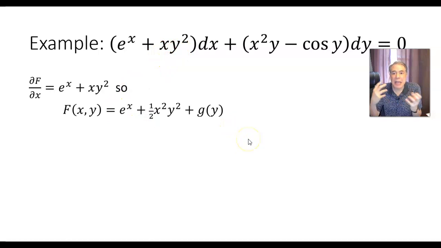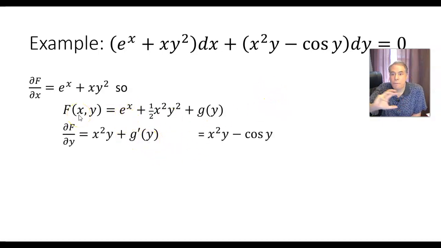So anti-differentiating with respect to x, treating y as a constant, the antiderivative of e to the x is just e to the x. The antiderivative of x to the first power times a constant is 1/2 x to the second power times that constant. And then we add on a constant of integration that's constant as far as x is concerned, but might depend on y. So I write it as g of y, something only involving y.